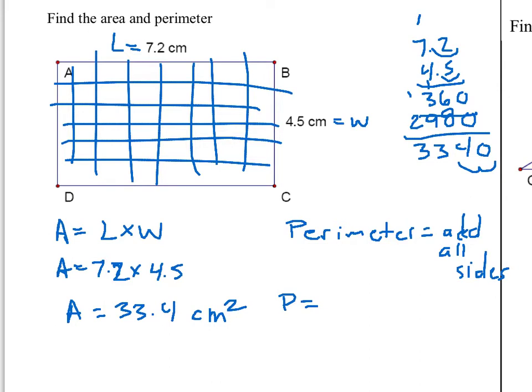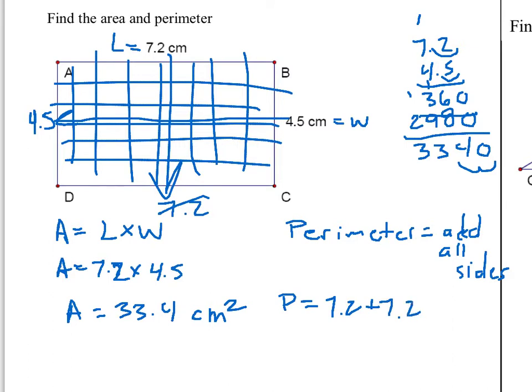I've got to add all sides. Janelle? They're equal. So what we know about rectangles is opposite sides are equivalent. So this comes over here. This is 4.5. As I write them into my equation, I'm always going to mark them out as I go because it's very easy, maybe not in a rectangle, but definitely in more complex shapes, to forget various things as you move along.